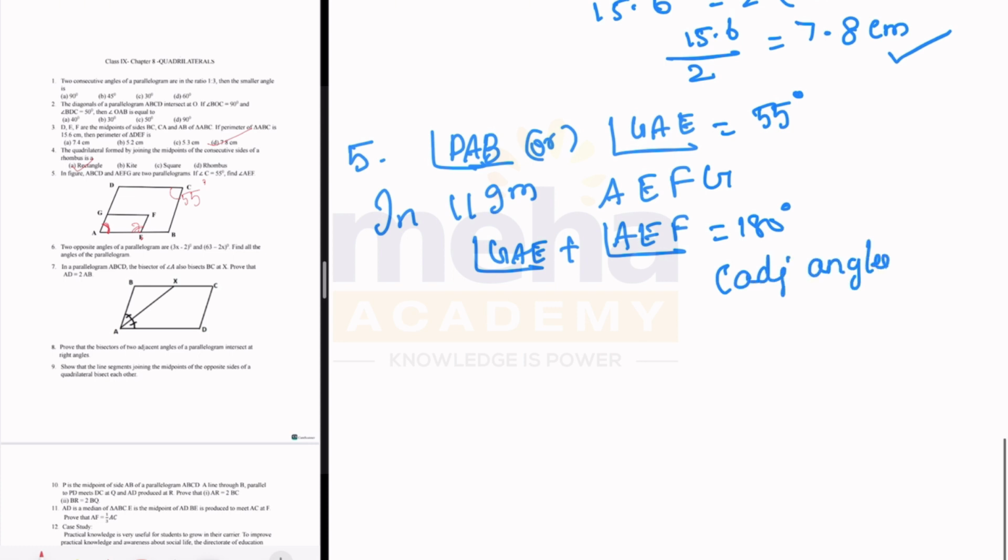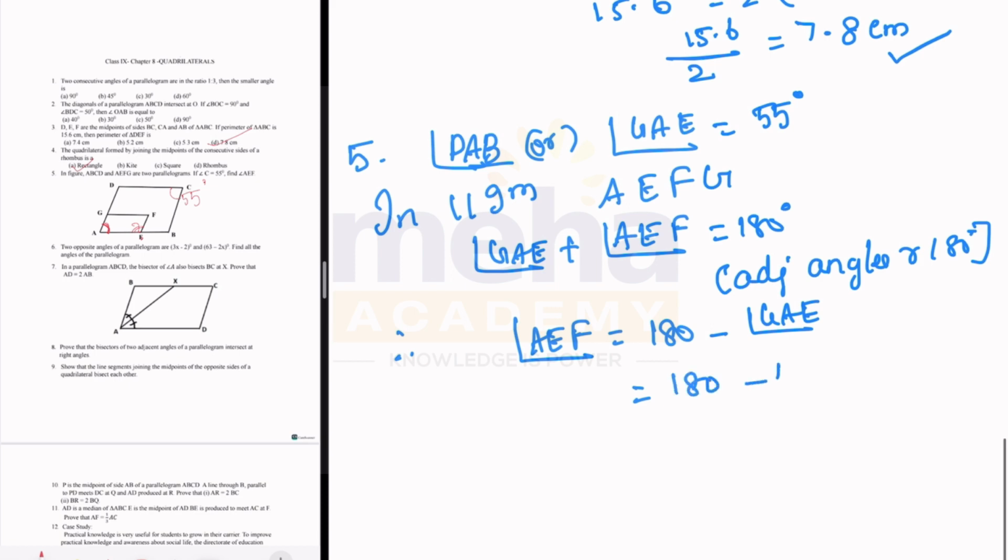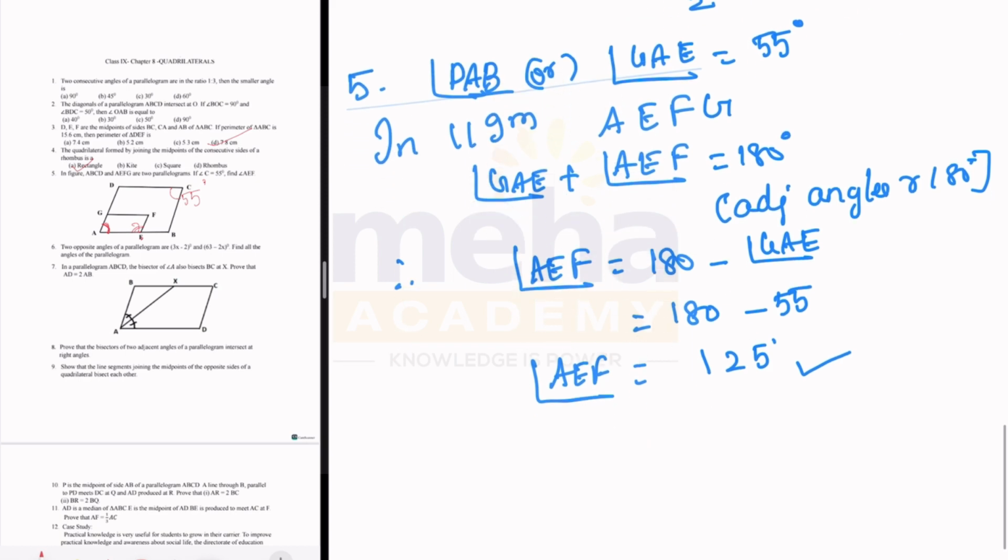So angle AEF is equal to 180 minus angle GAE. That would be 180 degrees minus 55, which gives angle AEF equal to 125 degrees. So the answer is 125 degrees for the fifth question.